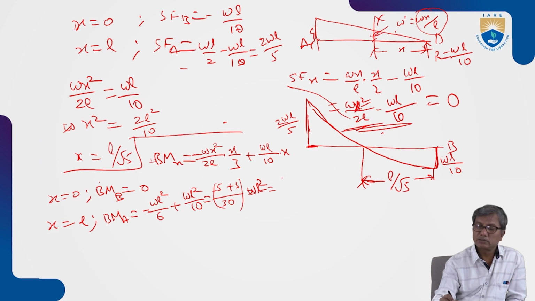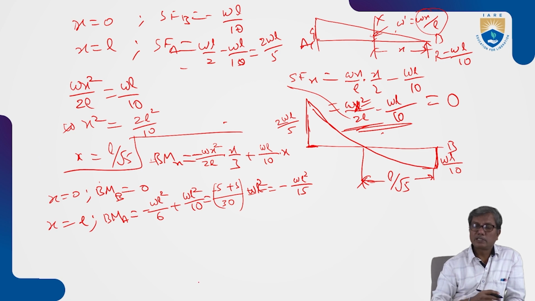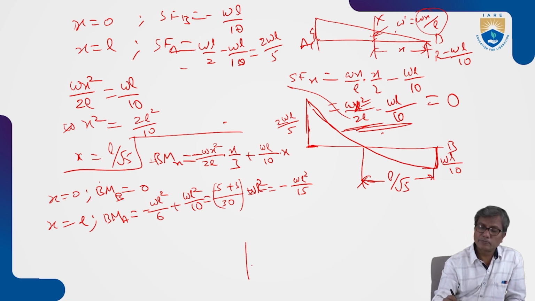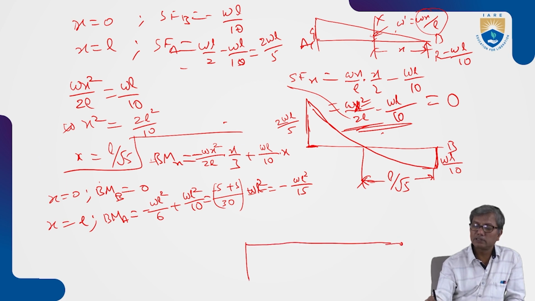So what is that? You are going to get minus WL square by 15. That is the bending moment at fixed end. Okay, bending moment at fixed end. Here the bending moment is 0. Here at fixed end it is WL square by 15.